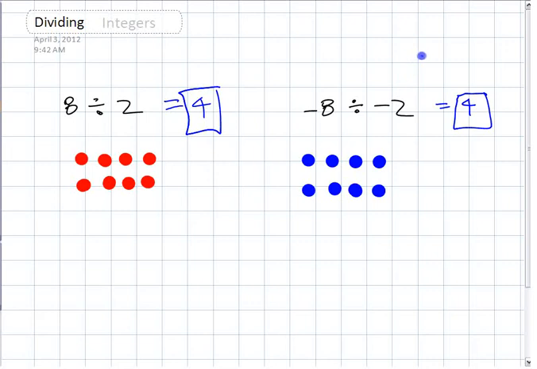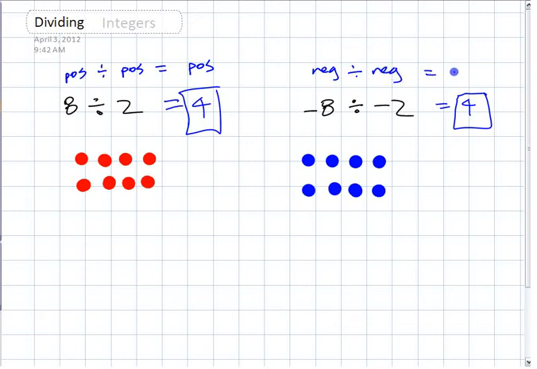You can't really model it the other way, which is make it into that many groups. It's hard to make it into negative 2 groups. Here you had positive divided by a positive. It gave you a positive. Here you had negative divided by a negative. What does that equal?